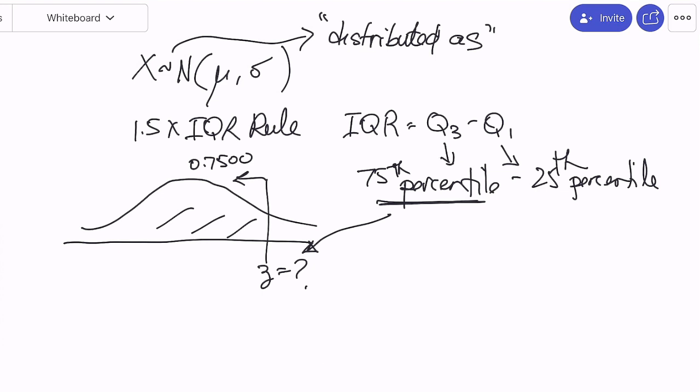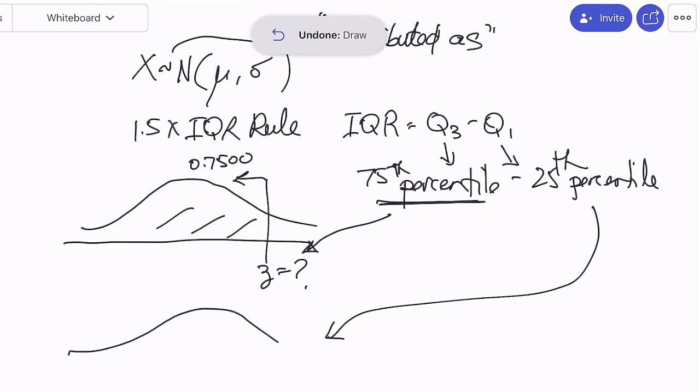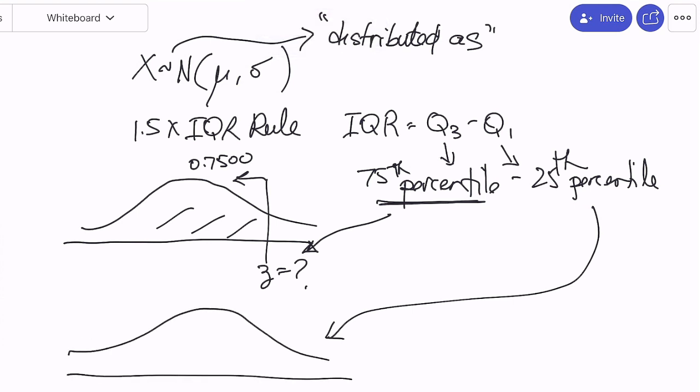And for the 25th percentile, I need similarly, I need the position. So find those two for me. So this one we'll call Q3, and this one we'll call Q1.